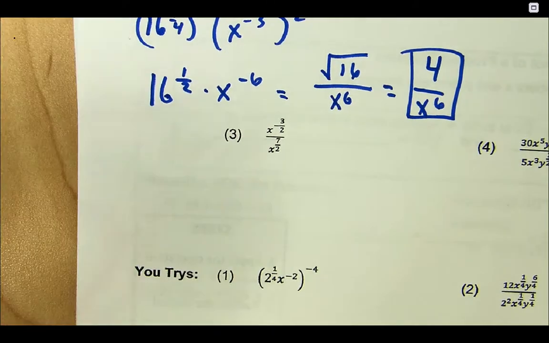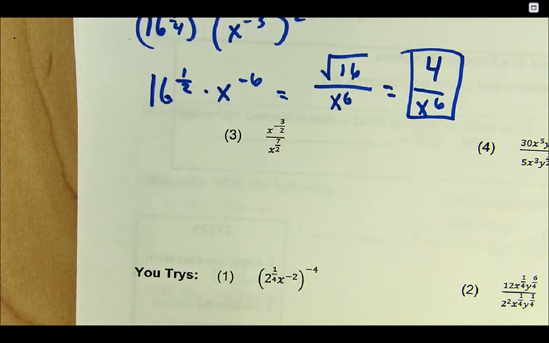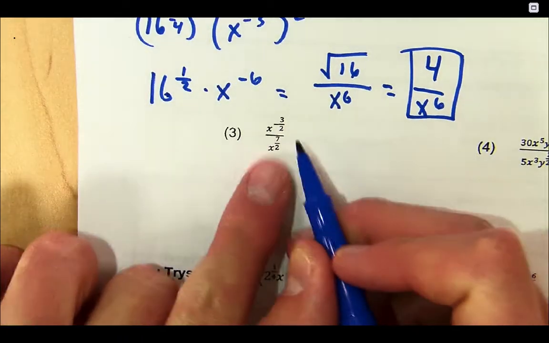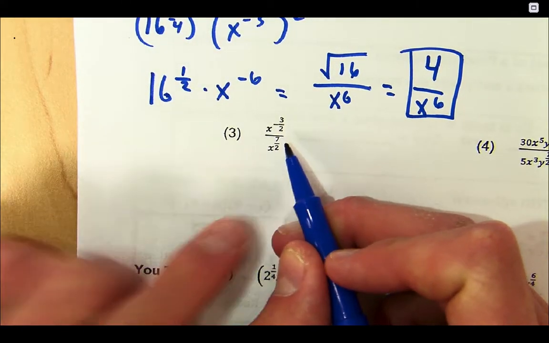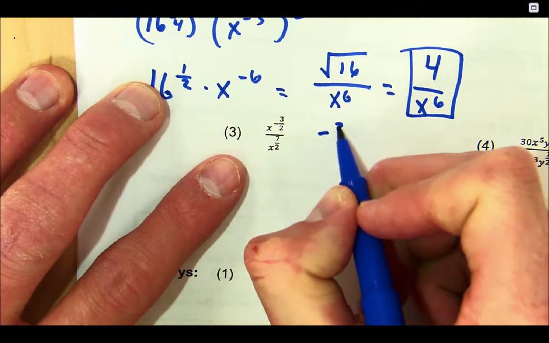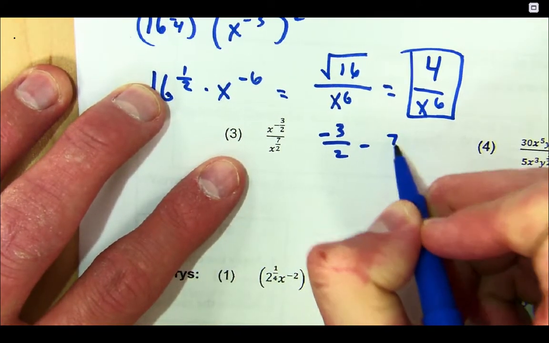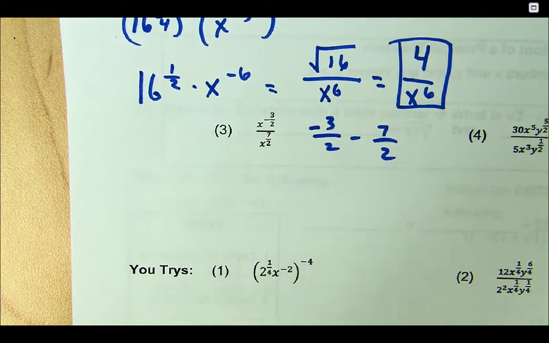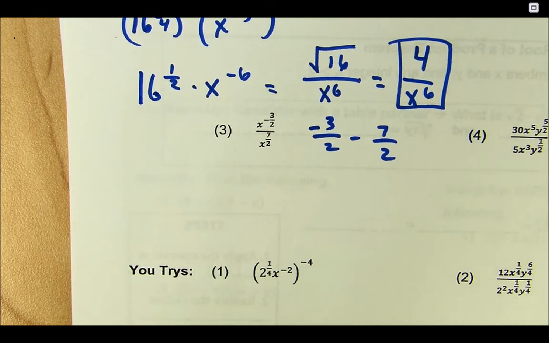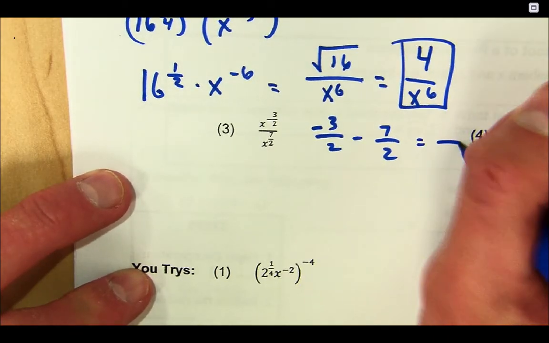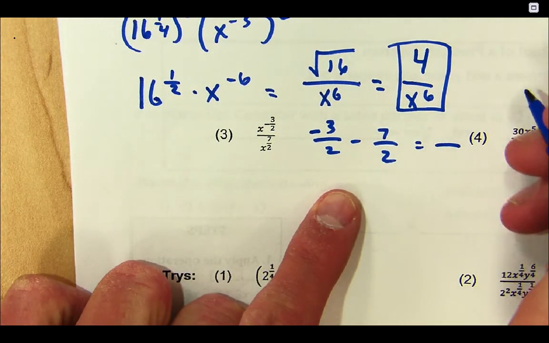Let's take a look at number 3. Once again, you have division, so what you do with the exponents is that you subtract them. So you take this negative 3/2, you're subtracting 7/2. Since you have common denominators, that's very nice. You can subtract, you can do negative 3 minus 7.